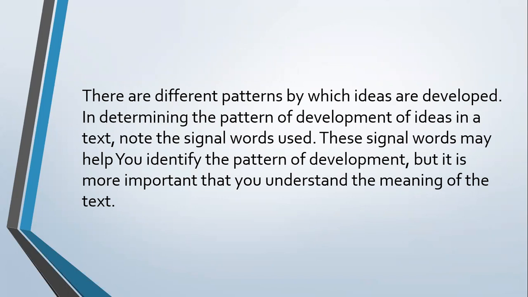So in patterns of development, it's not just about the way you construct your sentences, but you have to understand that there are also appropriate signal words or linguistic cues that you may employ in order to fully develop the text you would like to write. And it's also very important that you know how to convey the meanings you would like to express in the text, that you would like your readers to understand.